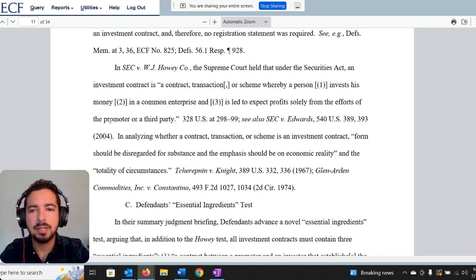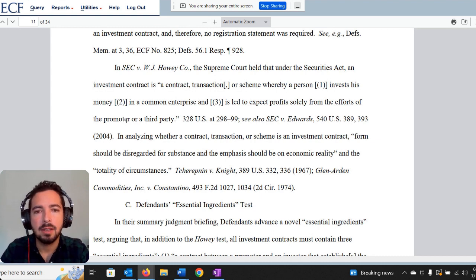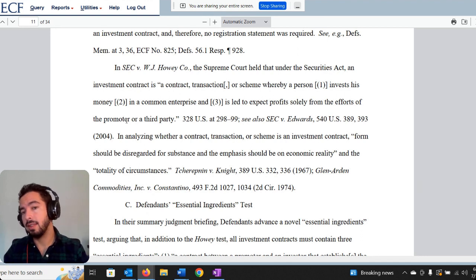The promoter is essentially the person who puts the investment together, or solicits money from investors. It's the person involved in creating the opportunity that the people are investing in. So the investor has to be led to expect profits solely from the efforts of the promoter or any third party, which is usually the business, right?